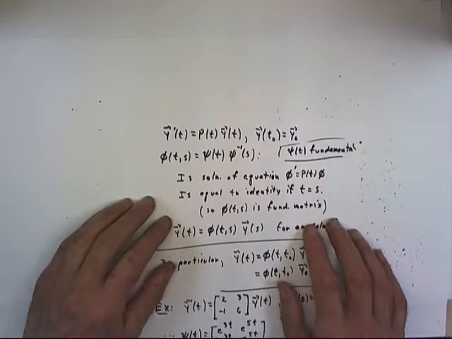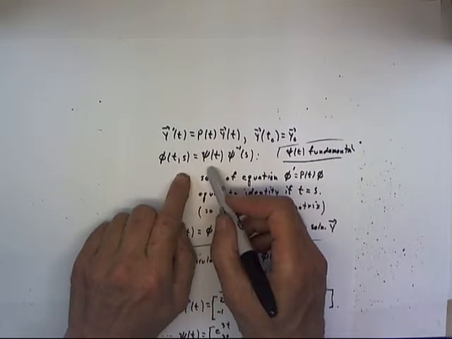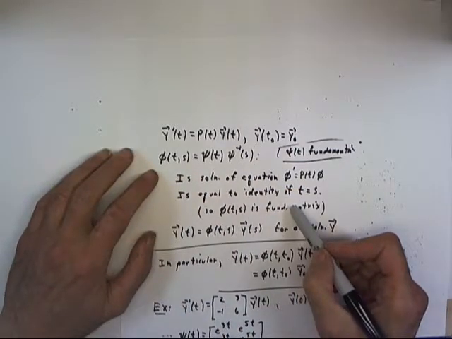Now, there are transitivity properties and other properties. Your book will talk about those, but if you understand that this is the definition, it's not difficult to understand and prove those properties.